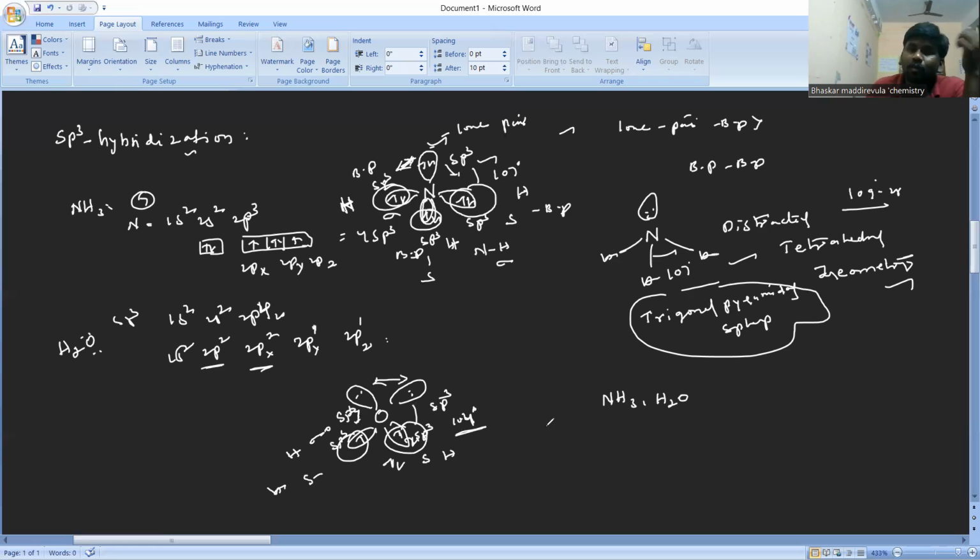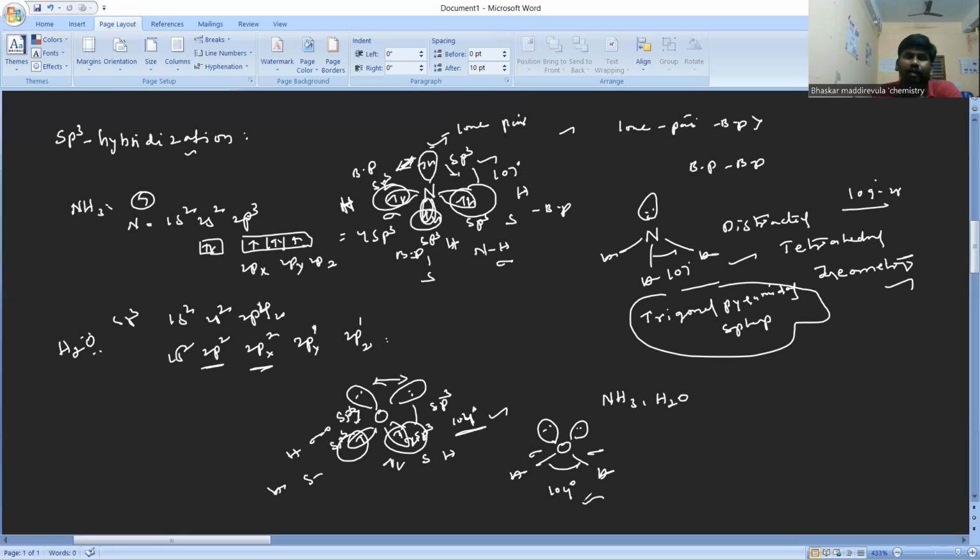Instead of 109 degrees 28 minutes, the bond angle reduces to 104 degrees. You can see the 2 sigma bonds with hydrogen, and the remaining 2 sp3 orbitals consist of lone pairs.